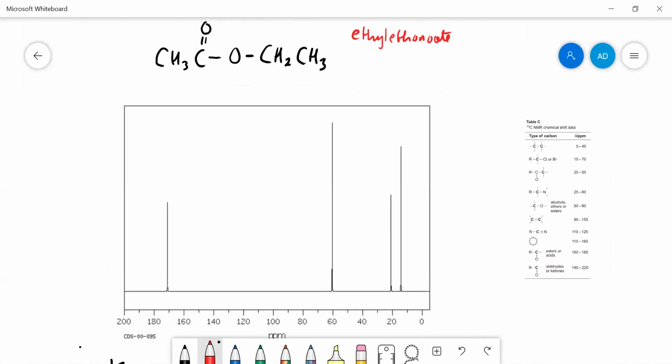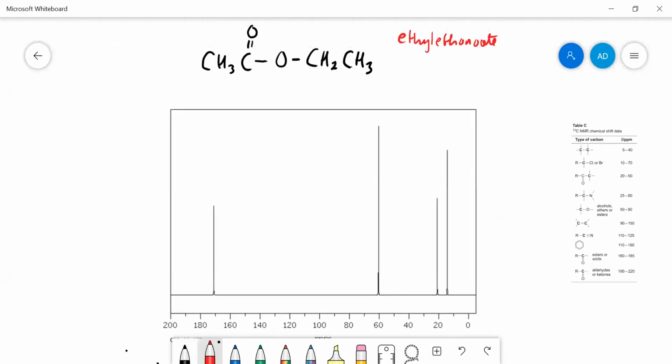The differences are much larger. It's going up to about 200 ppm, whereas in 1H NMR the highest you have is about 12 ppm, which is a carboxylic acid hydrogen, and most of them are way lower than that, like 5 ppm. So that's one major difference.